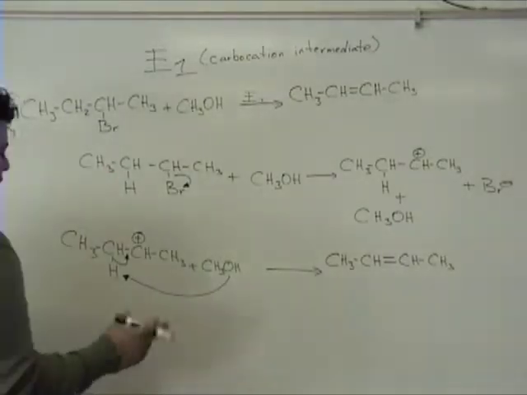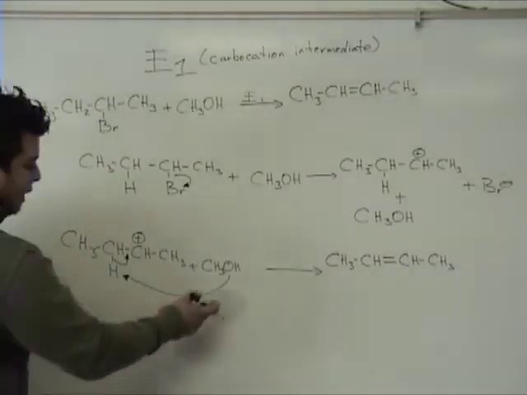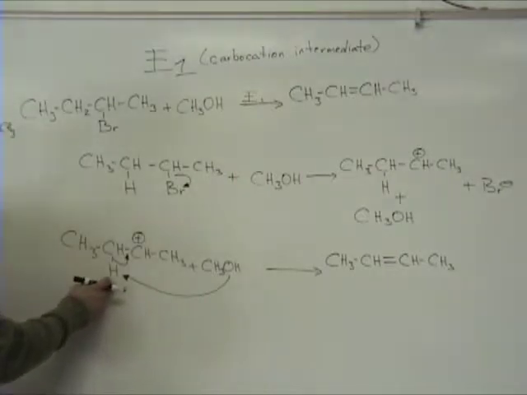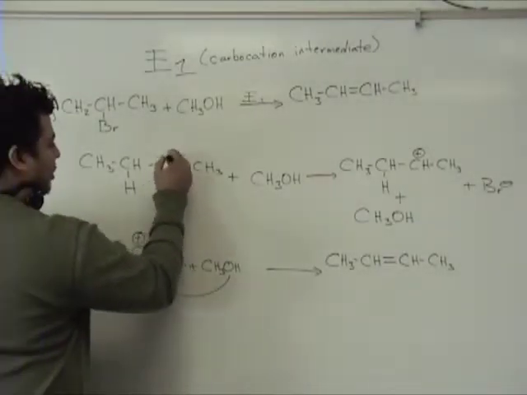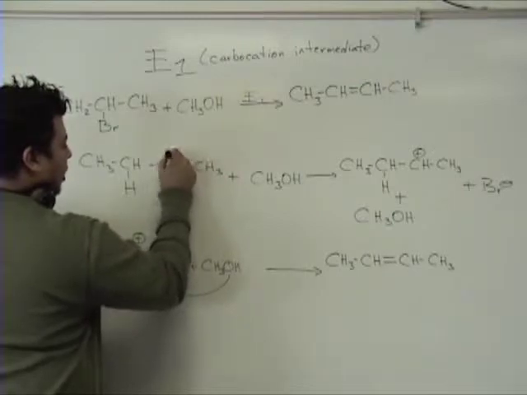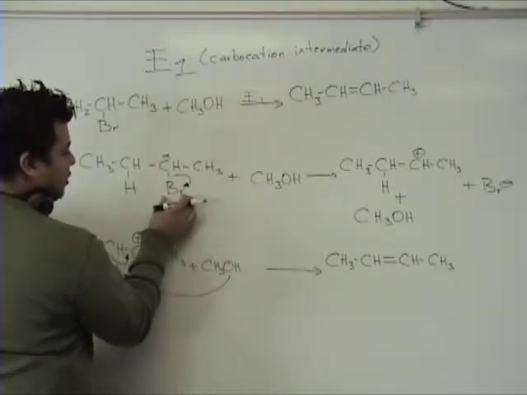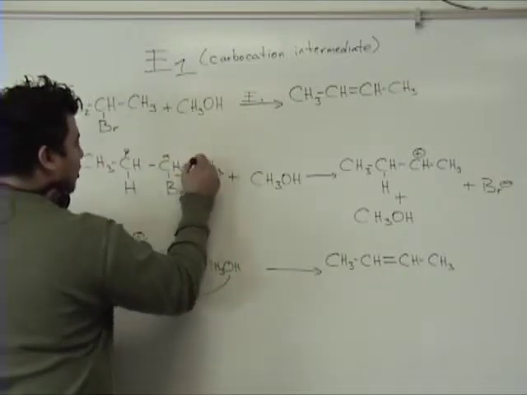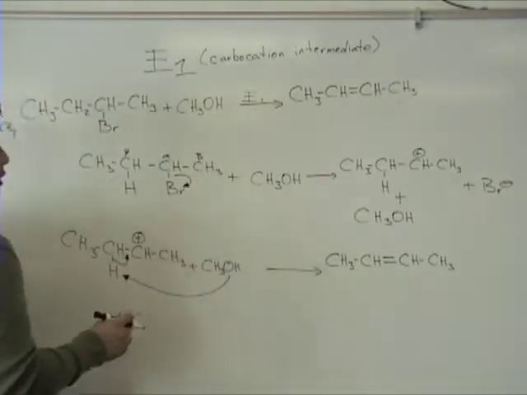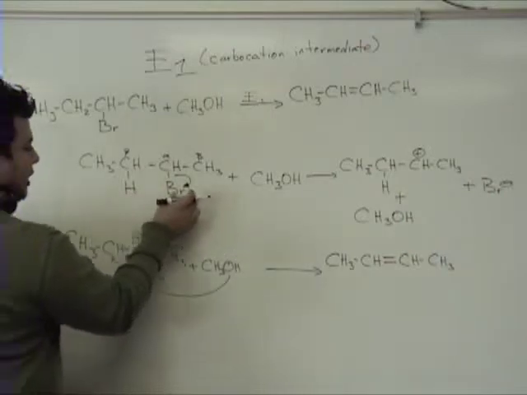Then in step 2, the base comes in and takes the proton from the beta carbon. The way this works is alpha will be the one having the leaving group, and we have 2 beta carbons, and the protons in those are slightly acidic.